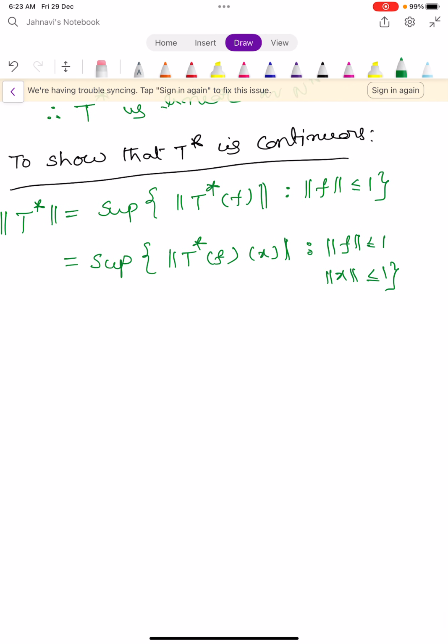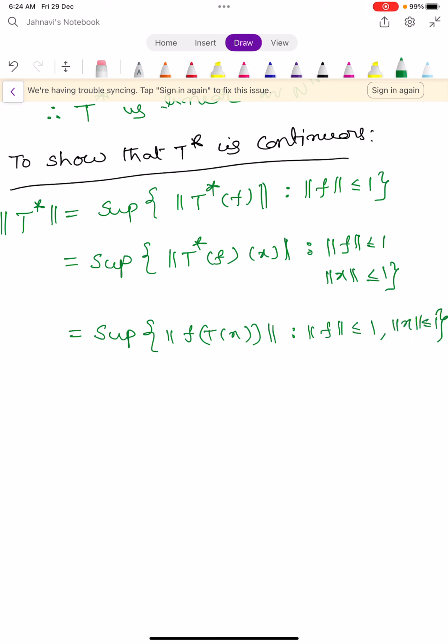Again, by the definition of T star, this is equal to the supremum of norm f of T of x such that norm f is less than or equal to 1, norm x less than or equal to 1.